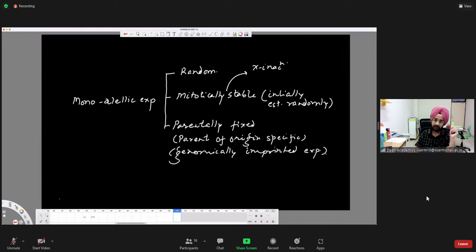The moment I say imprinted, it means we are talking about the expression of DNA methylation. So the imprinted allele is always silenced. If I say maternal imprinting, it means the maternal allele is silenced. If I say maternal expression, it means the maternal allele is expressed. Imprinting is synonymous with silencing.